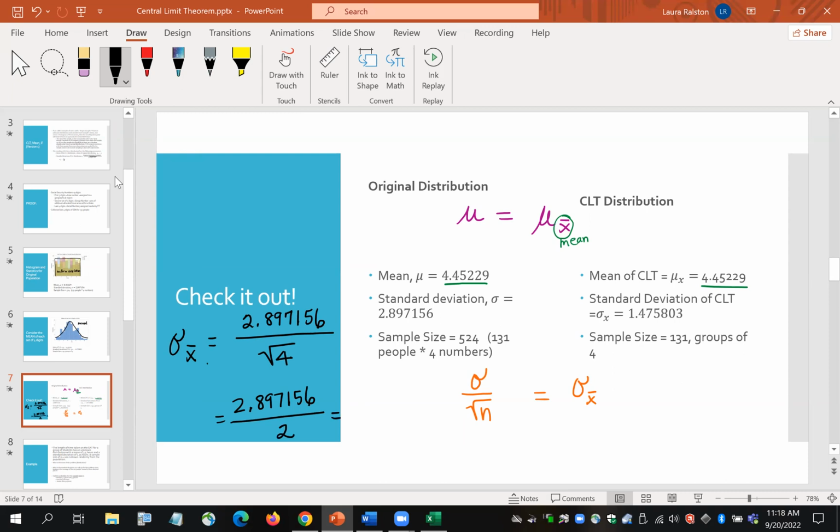The square root of 4 is 2. And then if I do that division, I get 1.448578. So I'm a little bit off, but I'm close, guys. Look, if you do the actual numbers, my standard deviation was 1.475803. If you use the formula, it should be 1.448. So I'm reasonably close. I'm in the ballpark.